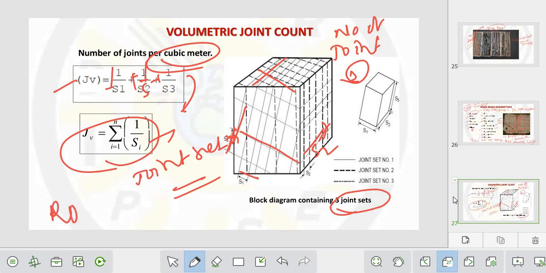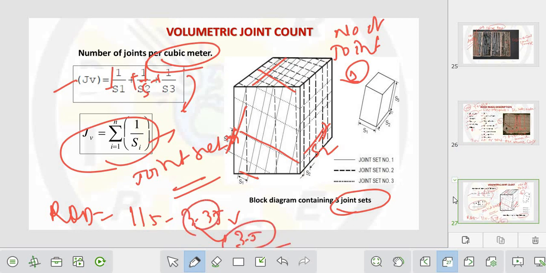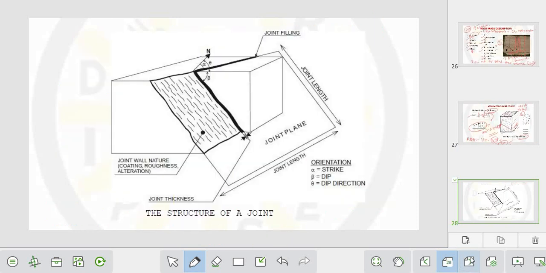And RQD के साथ relation क्या होता है? If the volumetric joint count is given, then RQD is 115 minus 3.3 JV, or it is approximately 3.5 भी बोलते हैं, ठीक है, 3.3 नहीं तो 3.5. So see, this type of joint plane. So this is the block diagram, okay.